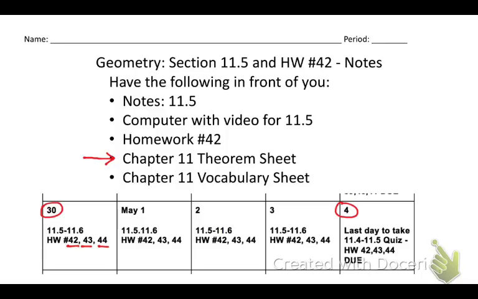So by the 4th of May, you should be ready to turn in your notes for 11.5, 11.6, and these three homeworks, 42, 43, and 44. And then Friday will also be the last day to take the 11.4, 11.5 quiz, which hopefully you'll all be ready for by then.